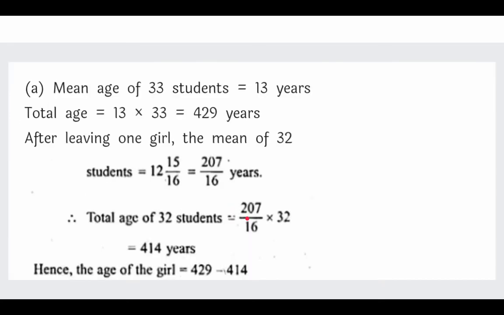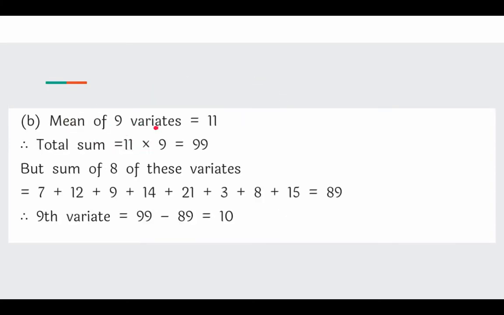Fine. Let's move to the next. Fourth question I am discussing. Fourth question, A part, see what it says. The mean age of 33 students, mean is 13 years. So, what will be the total sum of all? Just now we have done in the previous one. For 9 observations, if the mean is 11, what is the sum of all observations? Number of observations multiplied by mean.